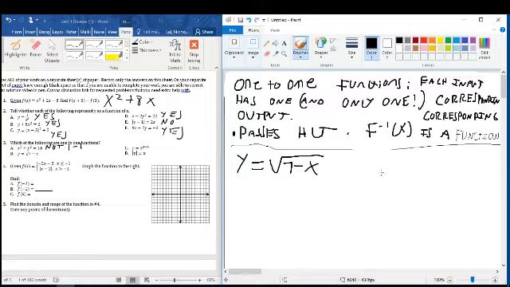Well, looking at the function, it'll probably look something like a shift right 7. It'll be the square root function like that. So that square root function will pass the horizontal line test.